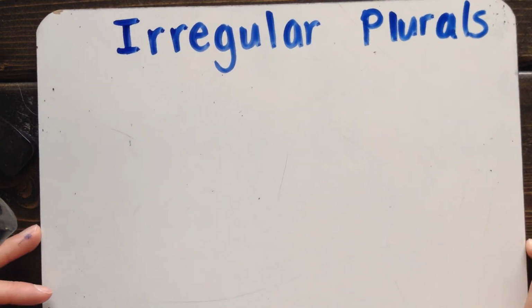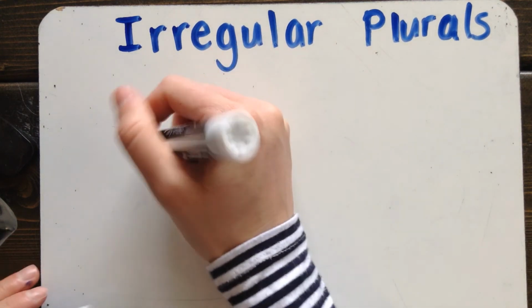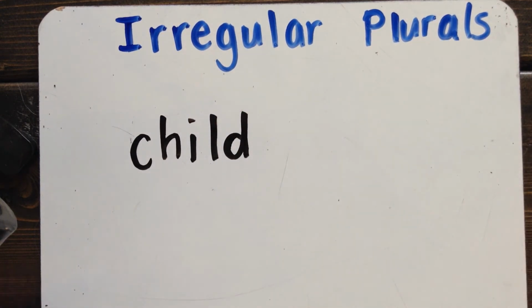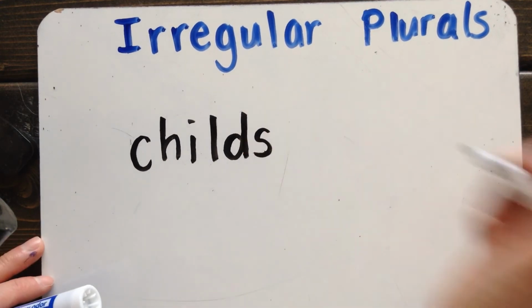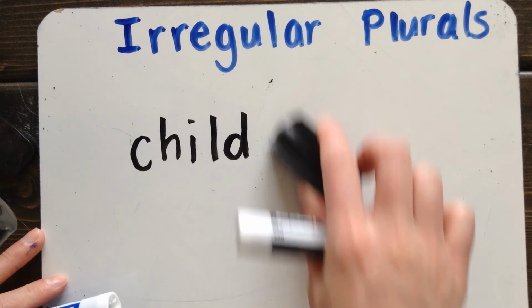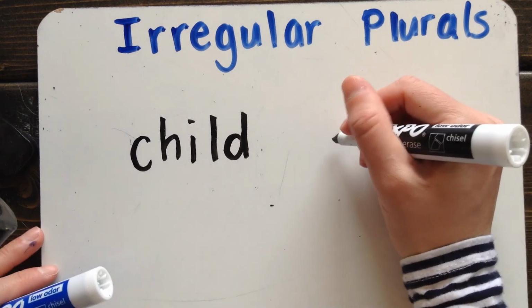And remember, irregular means does not follow the rules. This is the noun child. There is one child in the class. If you want to make it so that there's more than one child, you can't add an S, can't add ES. Child is an irregular plural.